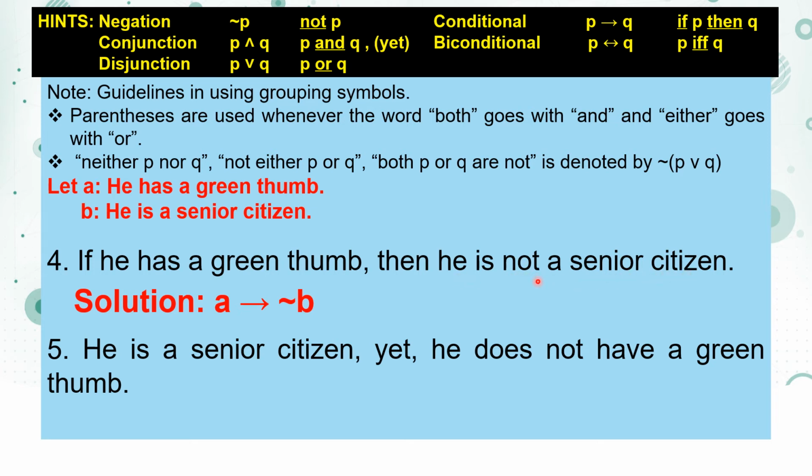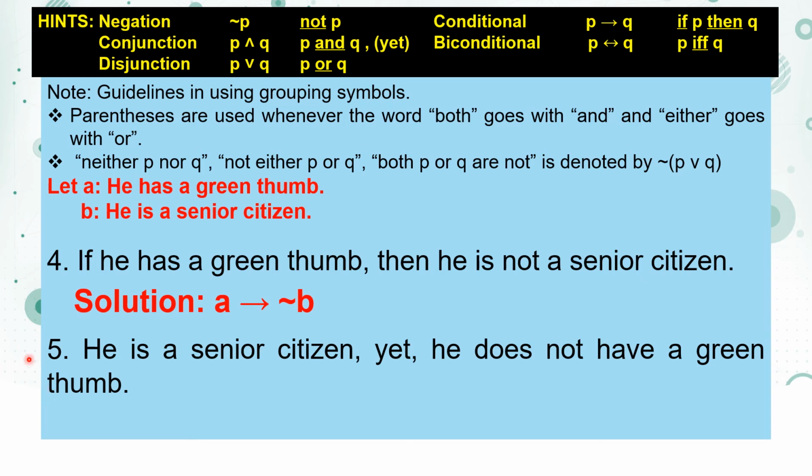As you can see, this statement is the negation or opposite of our proposition B. So since it is the negation because of the words "he is not," and this one is "he is," we use the symbol for negation, which is this one. So here it is. And then, "he is a senior citizen" is the proposition B. So we have B. So this is now the mathematical statement for this English statement. If he has a green thumb, then he is not a senior citizen.